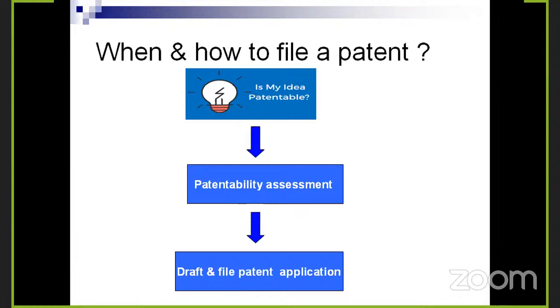So that kind of a brainstorming session can be held, and you can come up with some additional features. And please keep in mind, it's not necessary that you work out everything in the lab or you develop a prototype always. It should be a workable solution, but it can be something that you've not tried, but there's a possibility of adding to it. So those things can also go into the patent application.